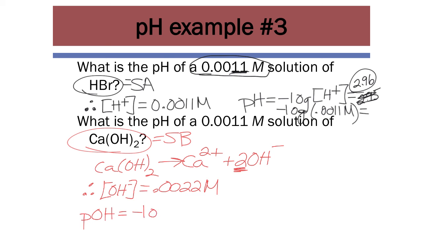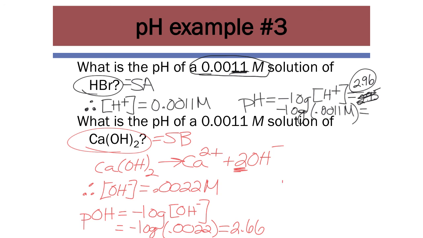So then what I would do is I would find the pOH. That's going to be the negative log of the hydroxide concentration. So negative log of 0.0022. We'll plug that into our calculator, and that gives us 2.66. From there, I can find the pH.